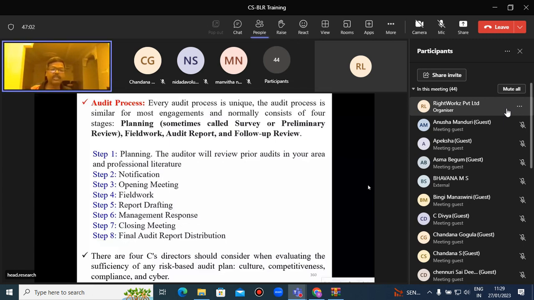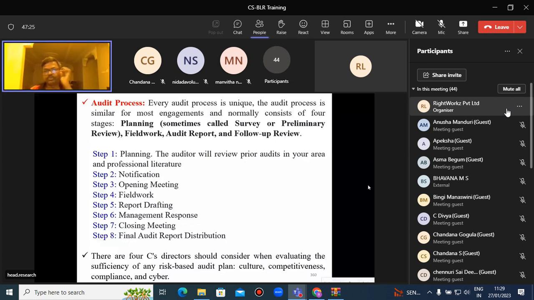Then finally they give the final audit report distribution, sending it through mail or post. So these are the 8 steps we follow in this audit process.